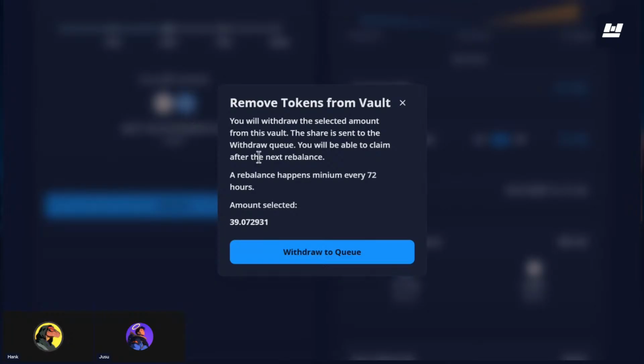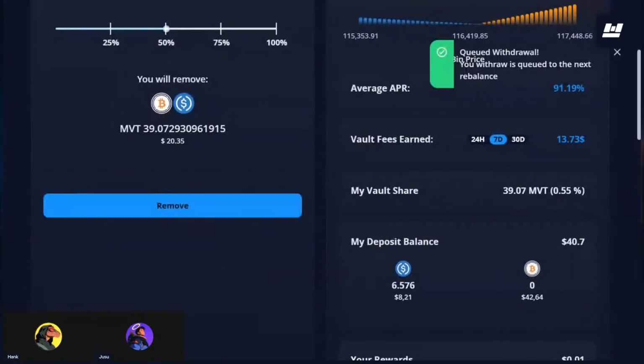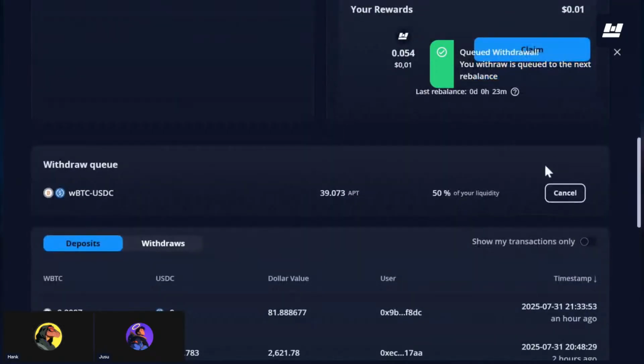And this is something to note: what happens now is your tokens go into a withdraw queue, and with the next rebalance of the vault, you will be able to claim it.